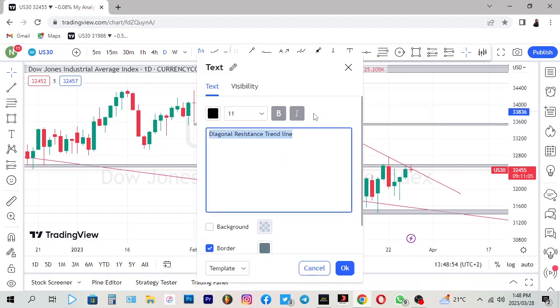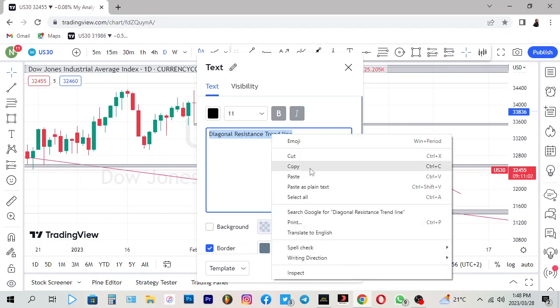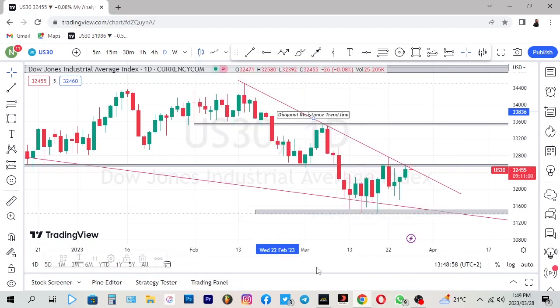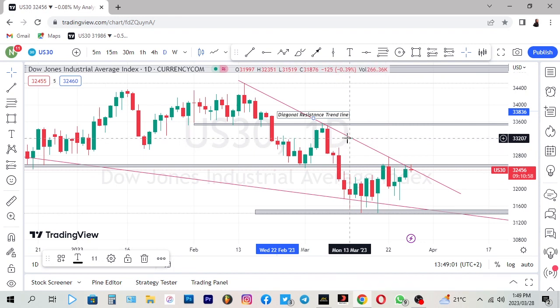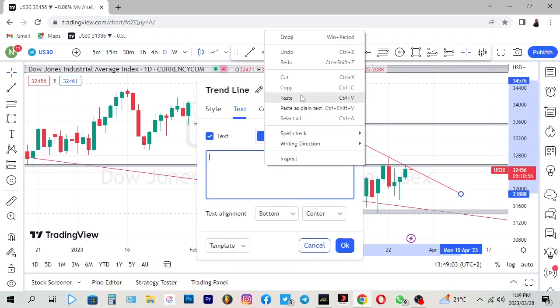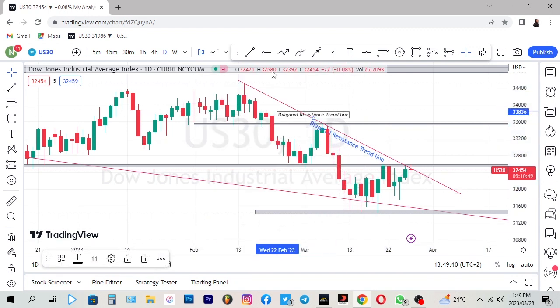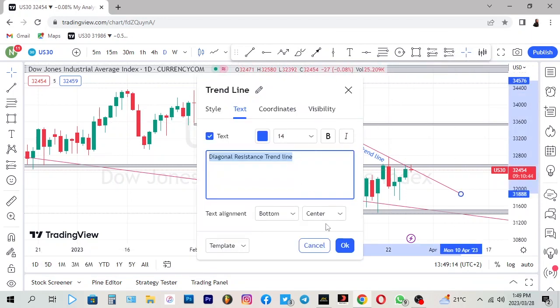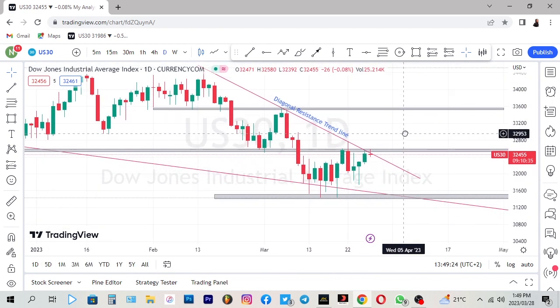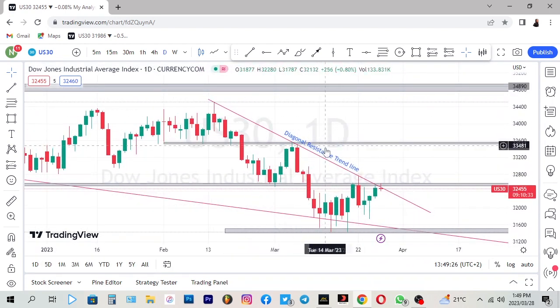So let me just copy this, actually cancel. Then we go inside our trend line. Let me just paste this. Then let me just remove this. So you have that. Hope it's clear.